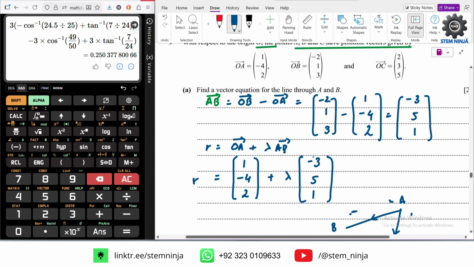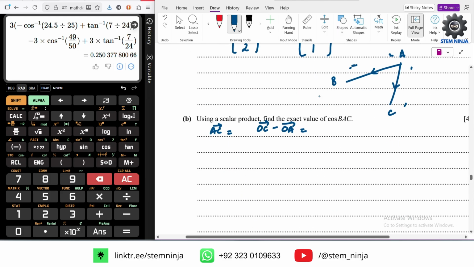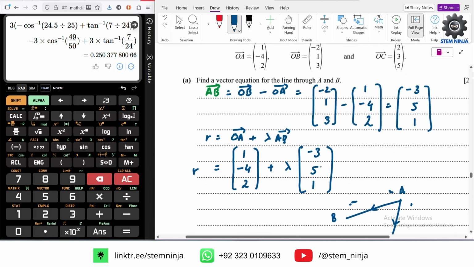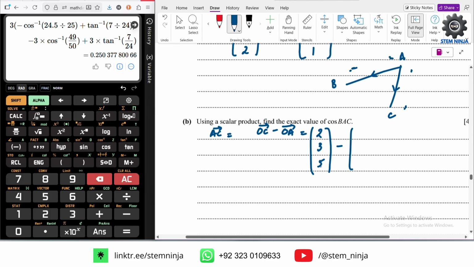OC is (2, 3, 5) and OA was (1, -4, 2). So this is 2 minus 1, 1, 3 plus 4, 7, and 5 minus 2, 3.